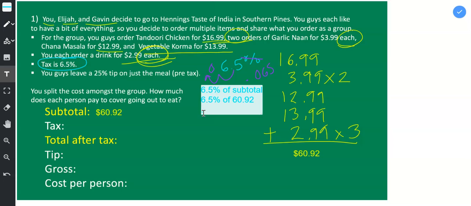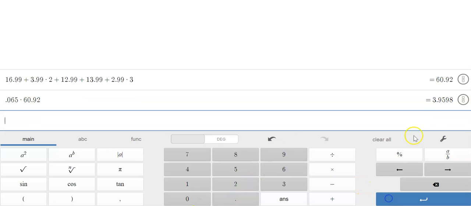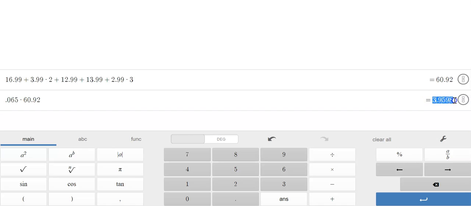So 0.065 of means multiplication in math, and you multiply it by the $60.92. And then I type in 0.065 multiplied by the subtotal, $60.92. And we get 3.9598 for the tax.